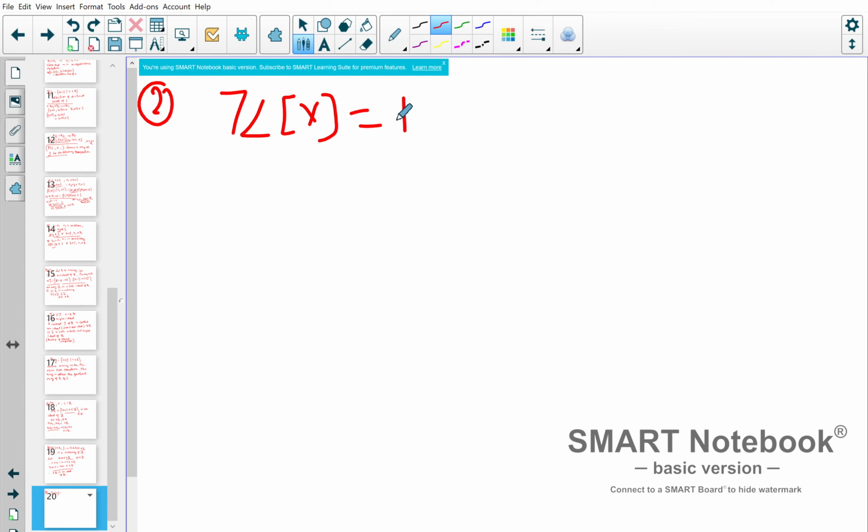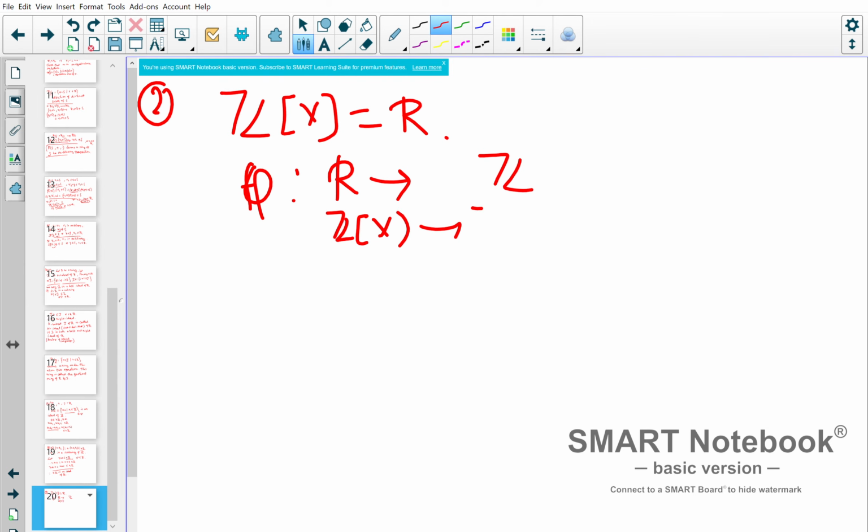Suppose this is my R. Here also you can define an ideal. For example, you remember I defined a map last time, phi, from R, which means Z[x], to Z, by phi of f(x) going to f(0).